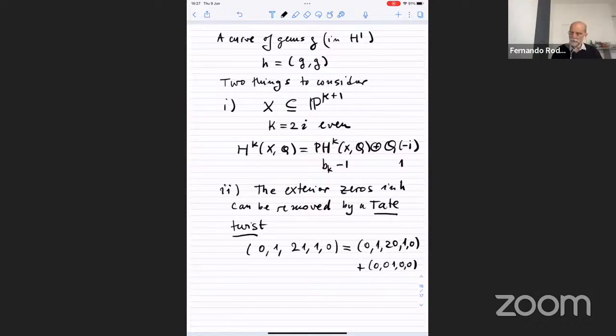That gives you a class that will span this one-dimensional subspace. And once we have that, we can also remove the individual exterior zeros. So we end up with something that looks like 1, 21, 1, which looks like H2 of a surface.